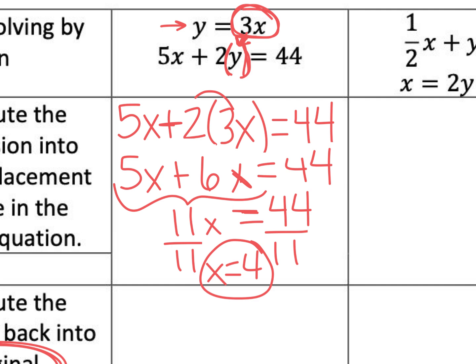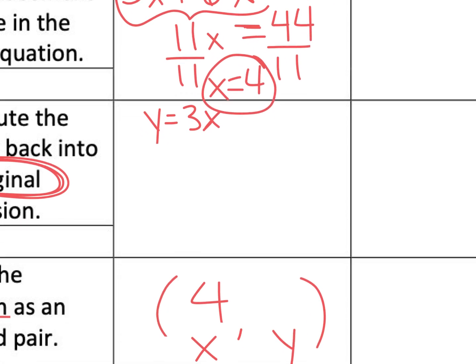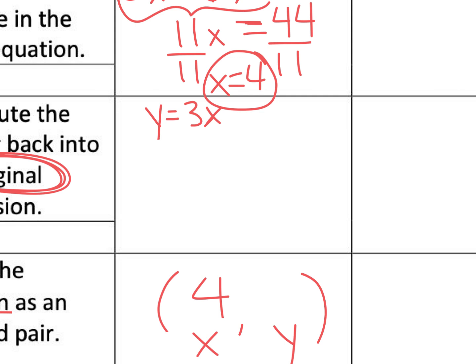So if y equals 3x, and now I know that x is 4, so I'm going to substitute again. If x is 4, I can say y equals 3 times 4. It's kind of like in unit 1 when we got our answer and we plugged it back in to check it.